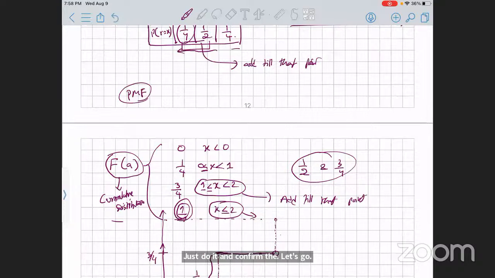Here the correct notation is X less than or equal to 2.